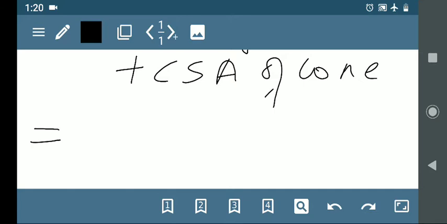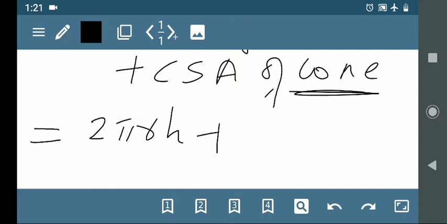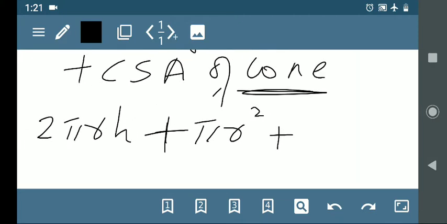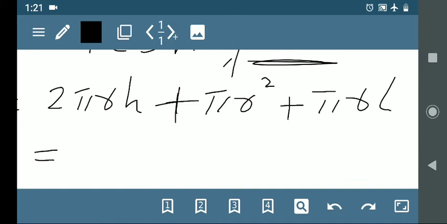So the TSA is 2 pi r h, plus pi r square for the closed base, plus CSA of a cone, pi r l. What is common in all? We have a pi and we have r. In the first we are left with 2h, in the second we are left with r, in the third we are left with l.